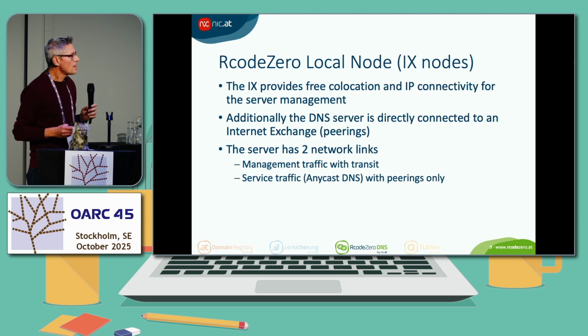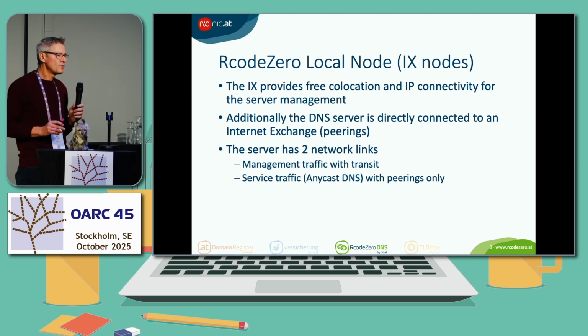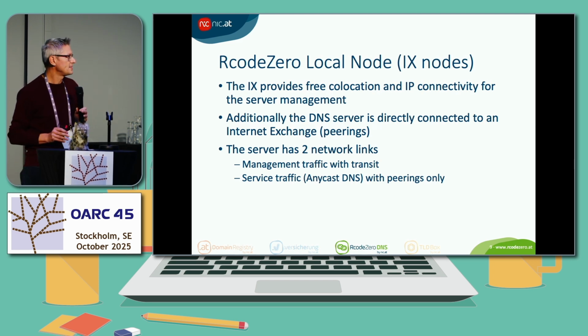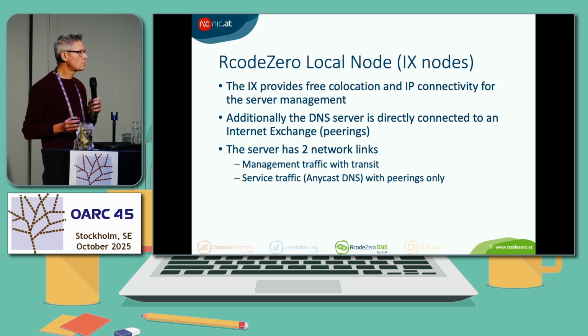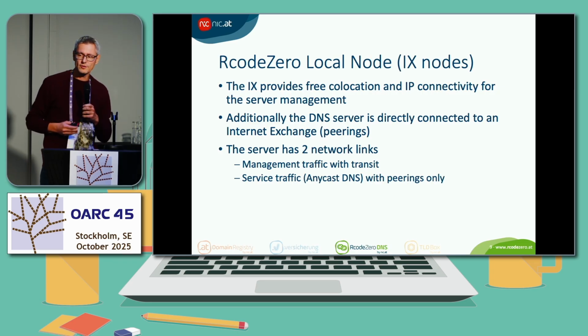A local node is a node where we don't have global transit for the Anycast DNS. Often some internet exchanges, mostly smaller ones, ask us if we want to put a server there. They provide us free co-location and IP connectivity for the management. And they also provide us connectivity directly to the internet exchange.